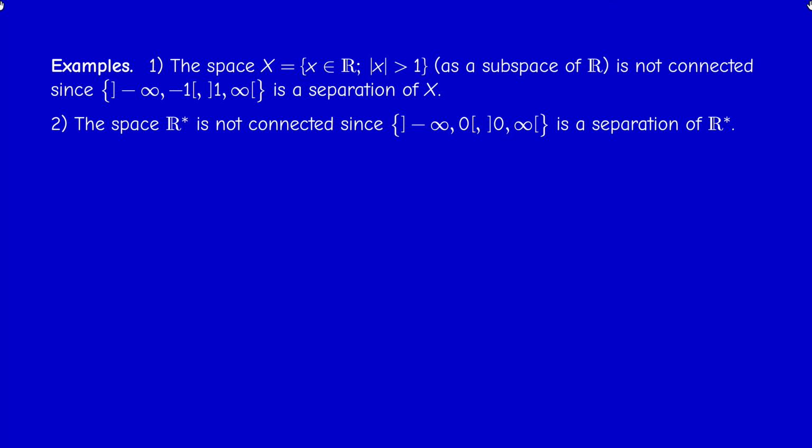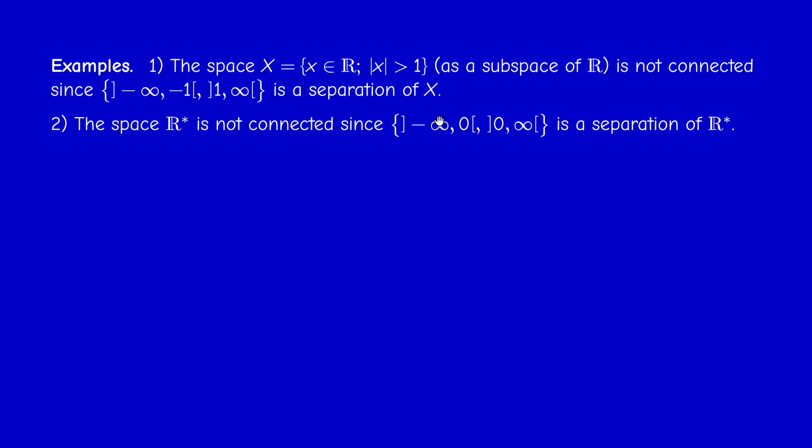R star also is not connected, because R star, which means R without the origin, can be written as the open interval (-infinity, 0) union the open interval (0, plus infinity). And these 2 sets are non-empty, open in R, and therefore open in R star, disjoint, and so on. Now, note that the interval (-infinity, 0) is open in R and therefore open in R star, but it's also actually closed in R star.